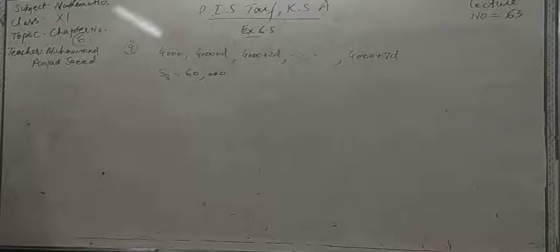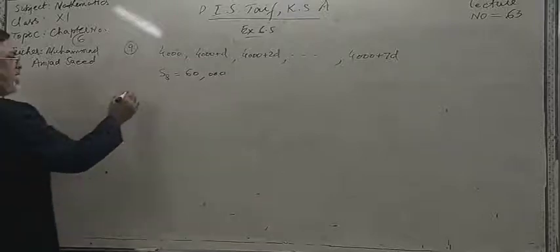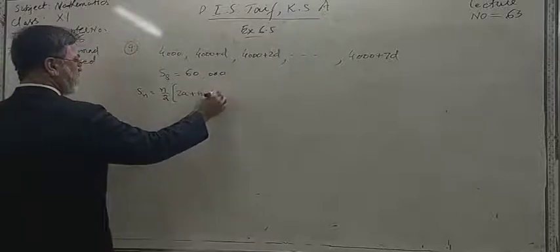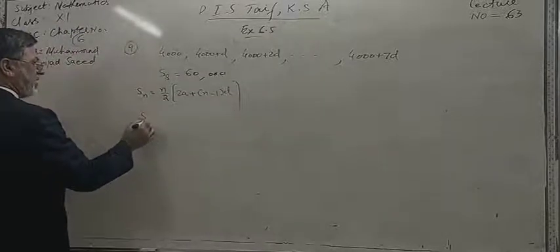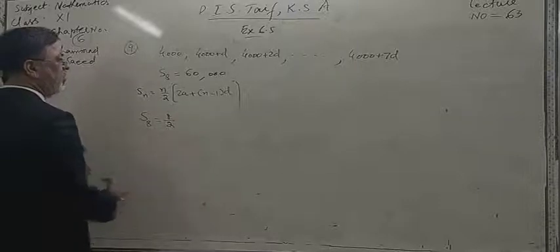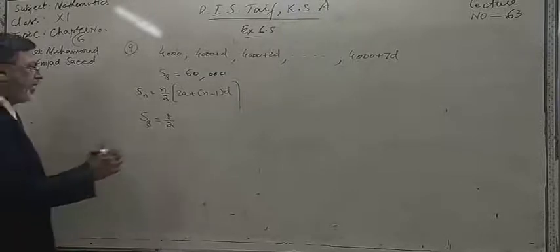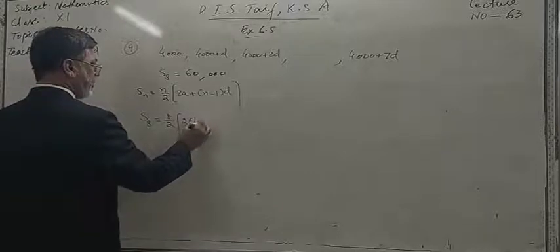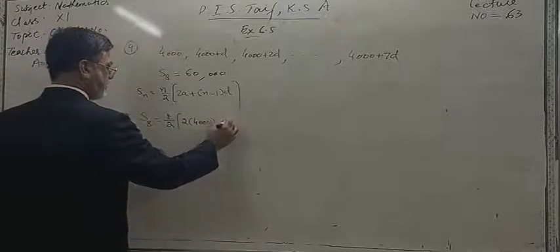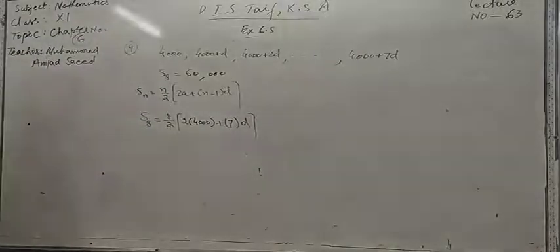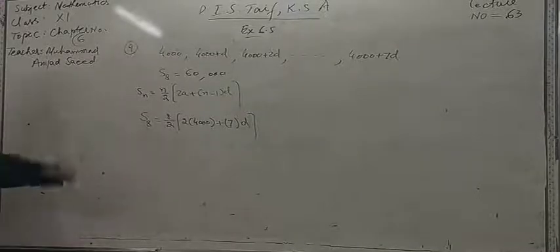So we can use the formula Sn is equal to n over 2 into (2a plus (n minus 1) into d). You know that S8 is equal to 8 over 2 into (2a plus 7 into d). 2a means 8,000. Actually, we have to find d.